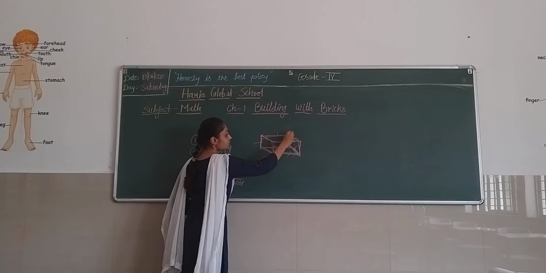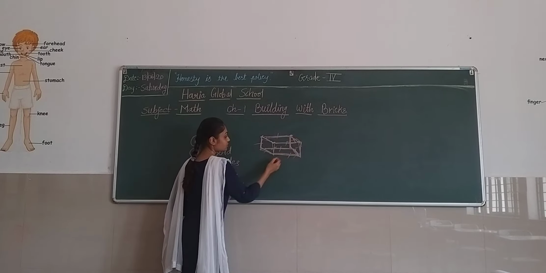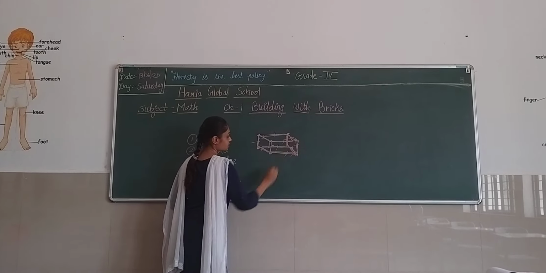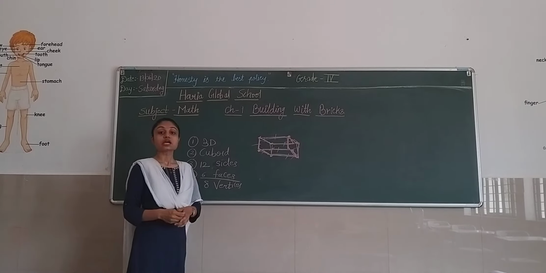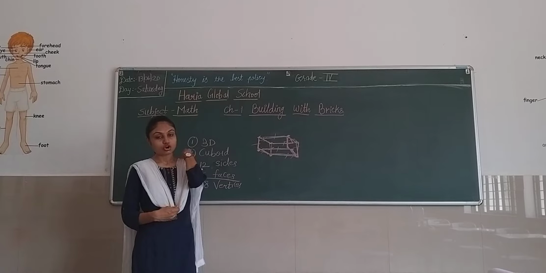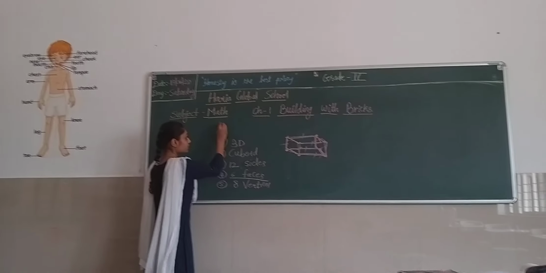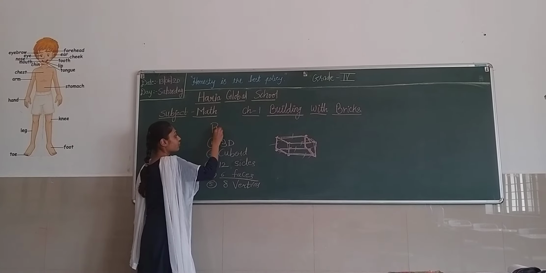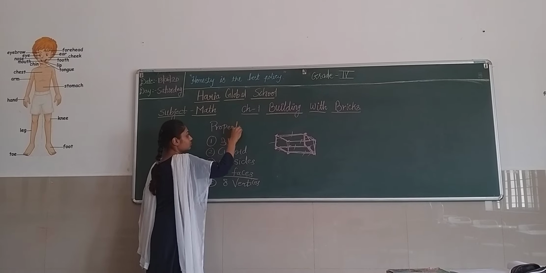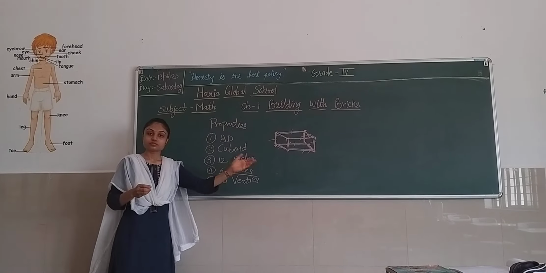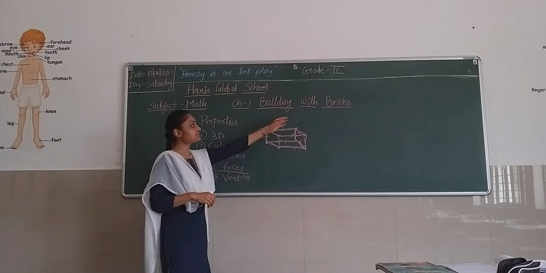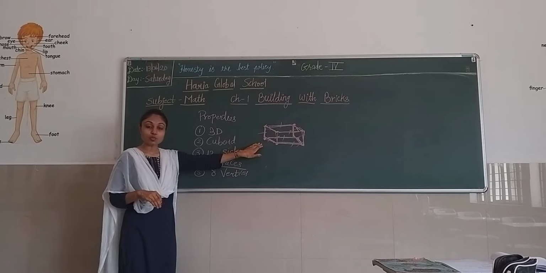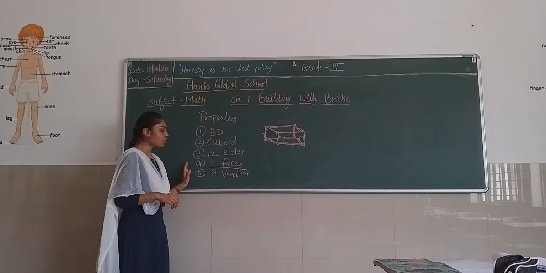First, second, third, fourth, fifth, sixth, seventh, eighth. These are the 8 vertices, that is corners. So, these are the properties of a cuboid. And we are discussing brick. A brick looks exactly like a cuboid. So, these are the properties.